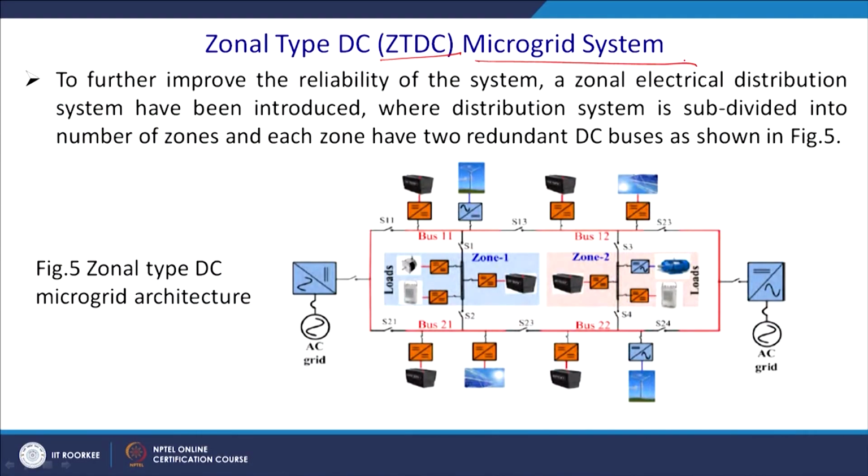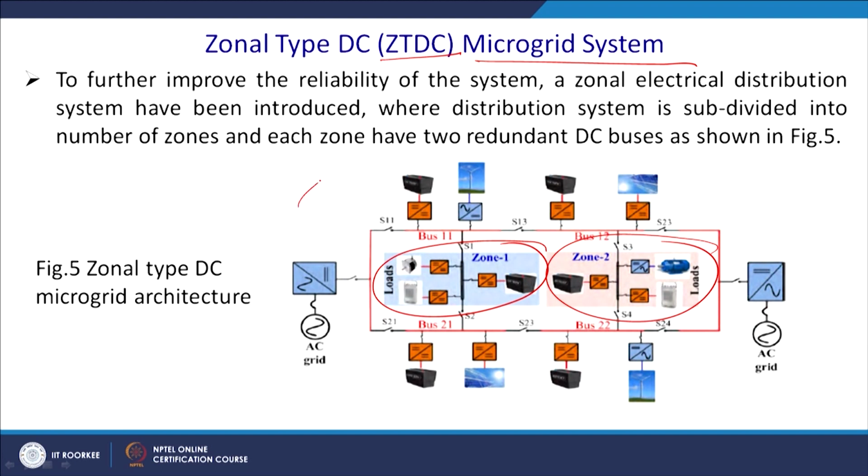So, this is what we say is the zonal type DC, or in abbreviation ZTDC, microgrid system. To further improve the reliability of the system, the zonal electrical distribution system has been introduced. So, you will identify this as zone 1, this as zone 2, and you got loads, and you identify whose responsibility is what, you just specify the responsibility.